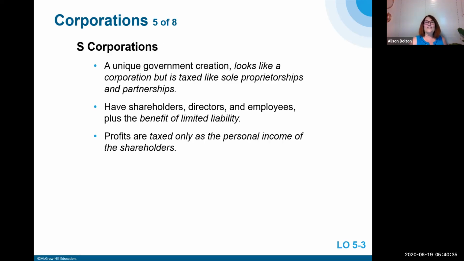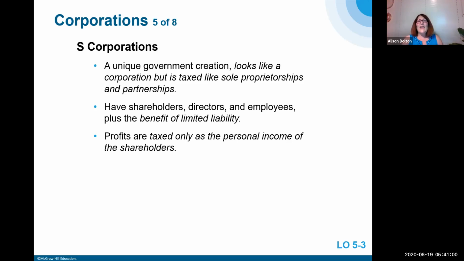Okay, S corporations. It is a unique government creation, definitely. It is taxed like a sole proprietorship or partnerships. It's much more low key, but you also still have shareholders and directors and employees. They have the benefit of limited liability, which is very nice, and you want that.